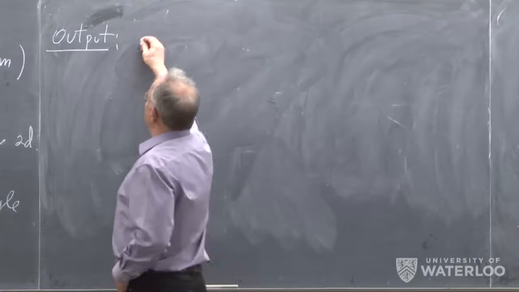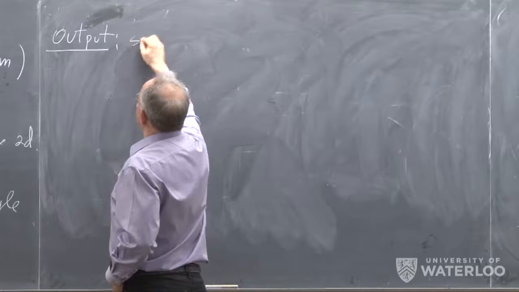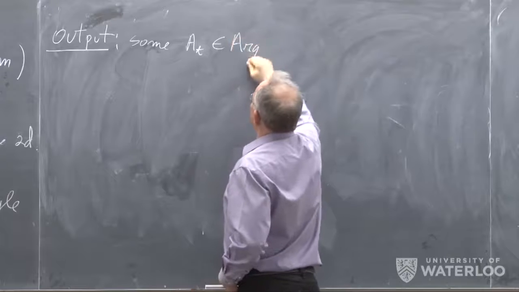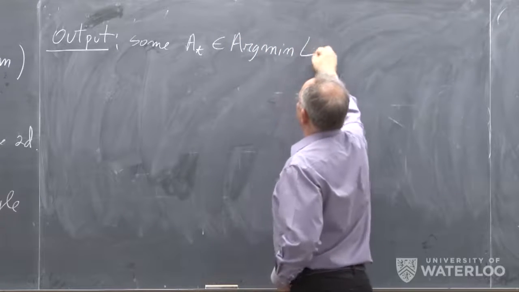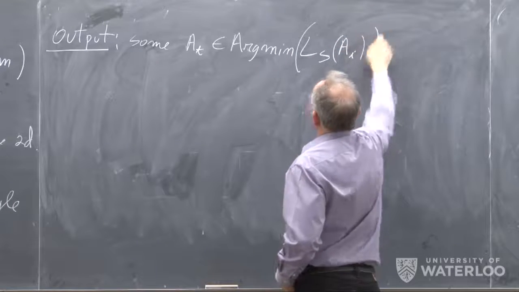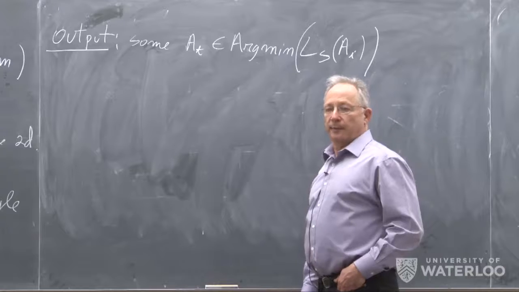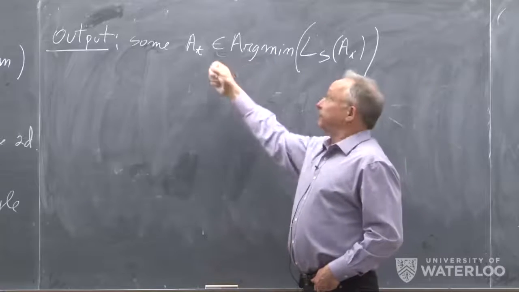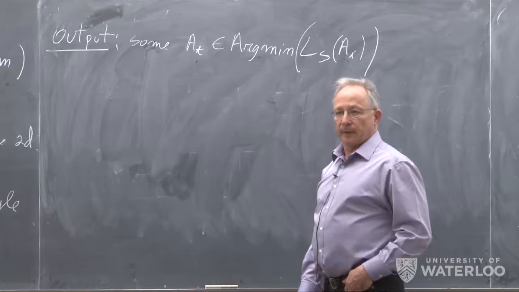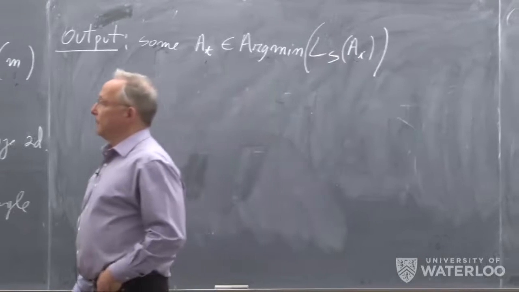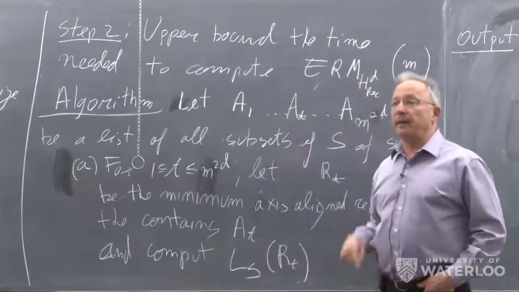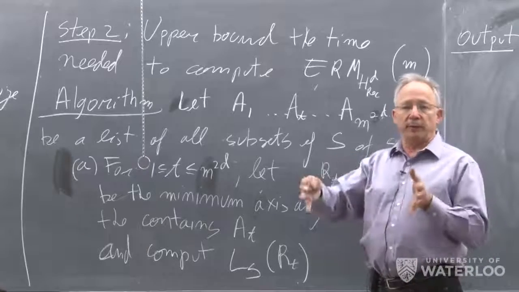Just output some R_T that belongs to the arg min of L_S of R_i. The one with the smallest sample error, right? The arg min says the one that minimizes this quantity. So clearly, this gives me the minimum error rectangle among all the rectangles that are supported by 2D points.